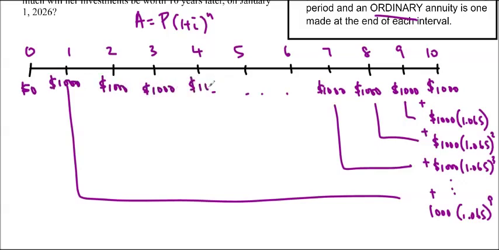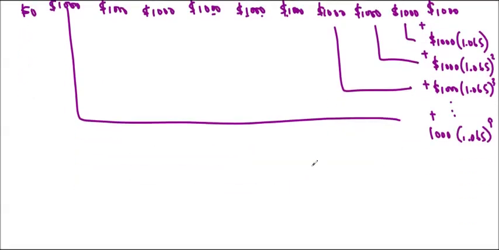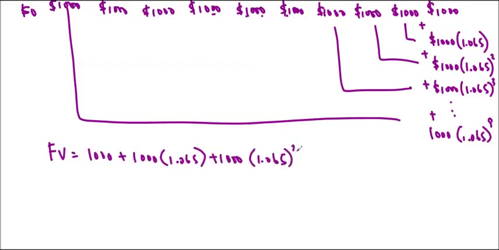Okay? So you can actually see that this is a geometric series, and that we're multiplying by 1.065, right? So we start with 1,000 and we're adding all these together. So the amount in her account, that's called the FV, future value, is going to be 1,000 plus 1,000 times 1.065 plus 1,000 times 1.065 squared, and so forth, all the way up to 1,000 times 1.065 to the 9.